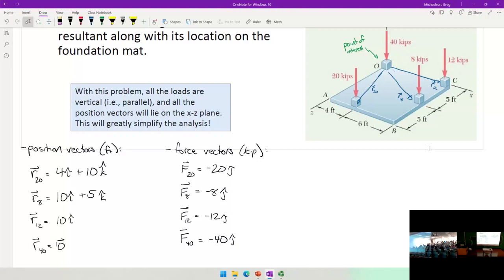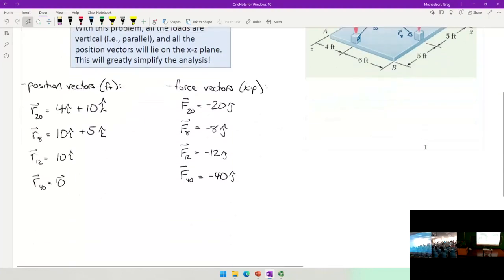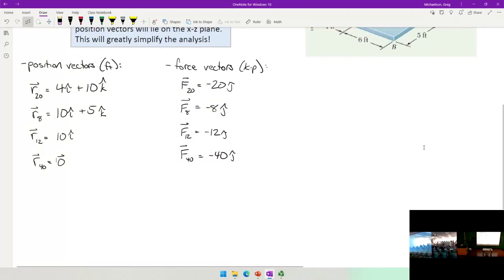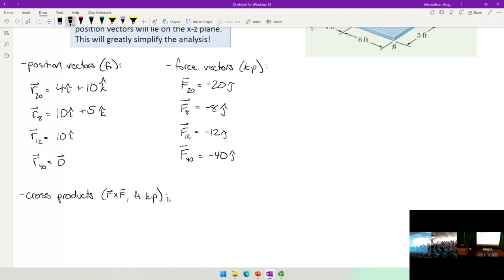So now we're going to evaluate all of our cross products. For some reason on this one, I didn't do this in a table like I did last time, but that doesn't really matter.